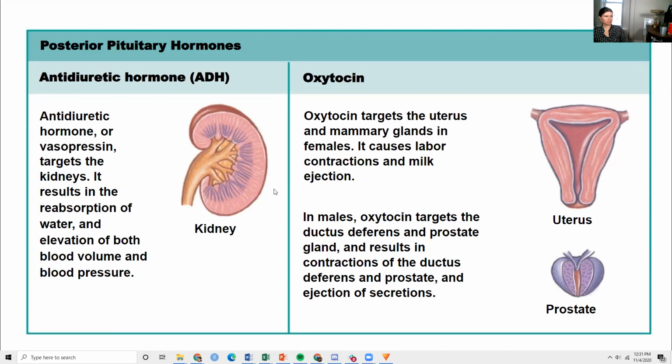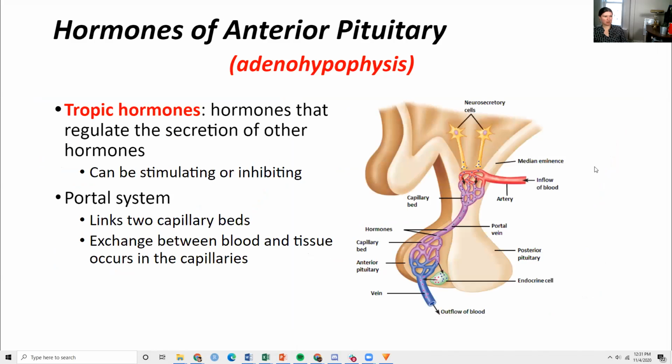What I really want us to just get down is the contrast between how the posterior pituitary versus the anterior pituitary works. So in the anterior pituitary, we'll see that the structure is different immediately. When we were looking at the posterior pituitary, the neurosecretory cells just reached from their cell bodies in the hypothalamus to sending out their hormones in the blood in the posterior pituitary.